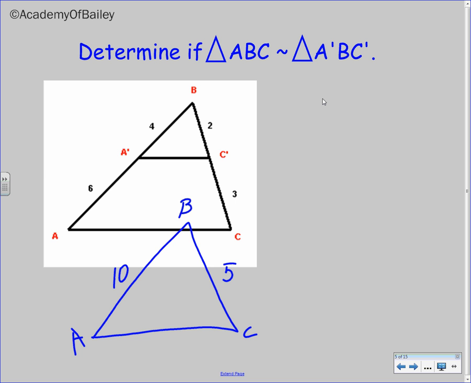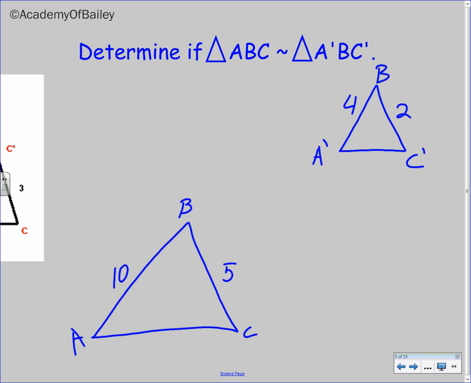Now what I would like you to do is look at this small triangle. And let's plug in some numbers. So this is what we really have. Now looking at the two triangles that we have separated, is there any other piece of information that you know to be congruent?